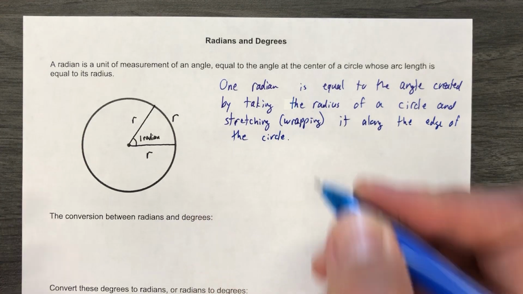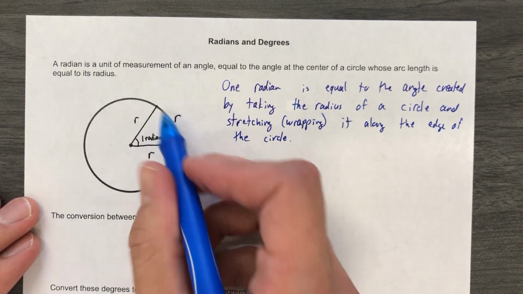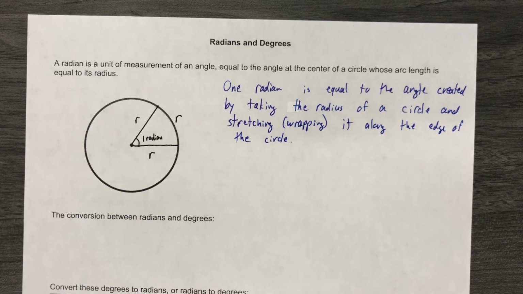This is really an arc length issue. As we go from here to here, this arc length is equal to the radius. And because the arc length is equal to the radius, we now have 1 radian.